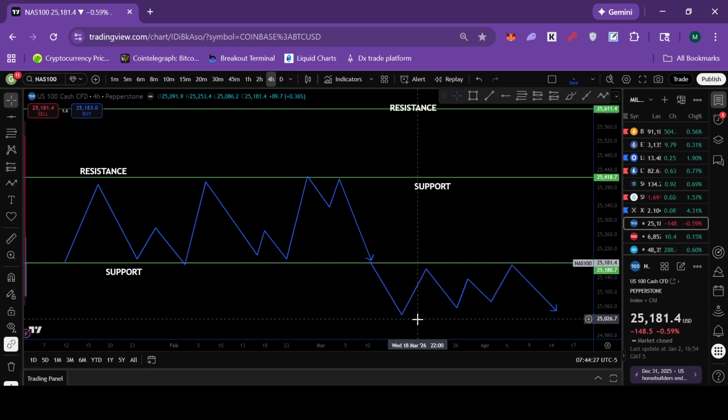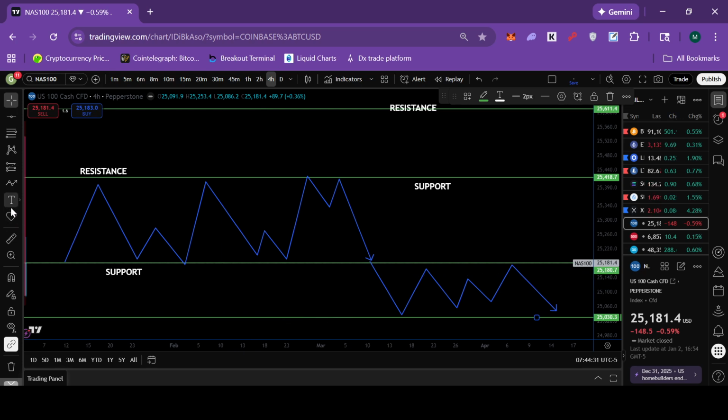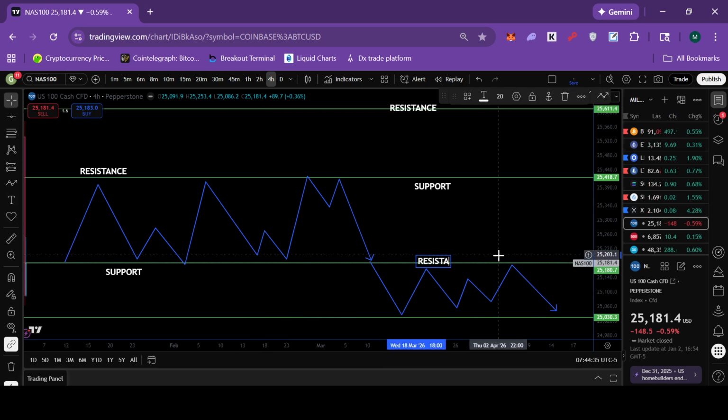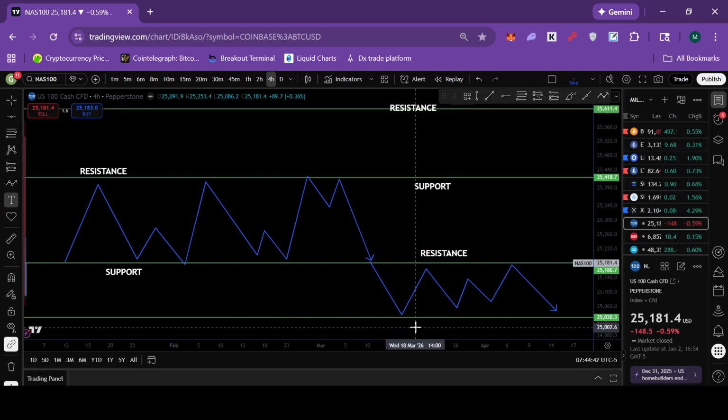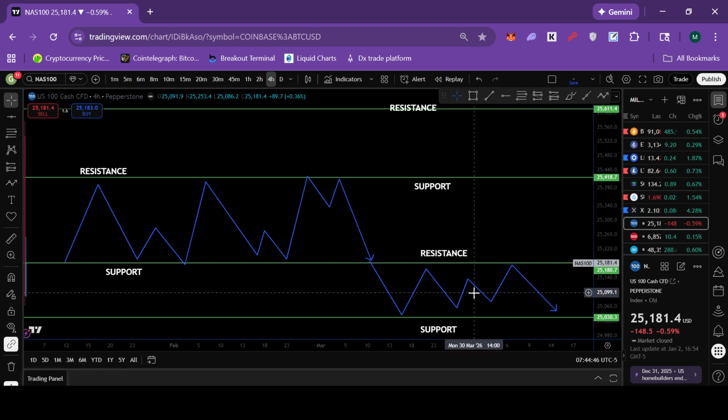You have an instance like this where you have a new resistance now, and a new support, right? So your support and resistance is always going to end up breaking, and your old support can then become your new resistance. Your old resistance can become your new support.